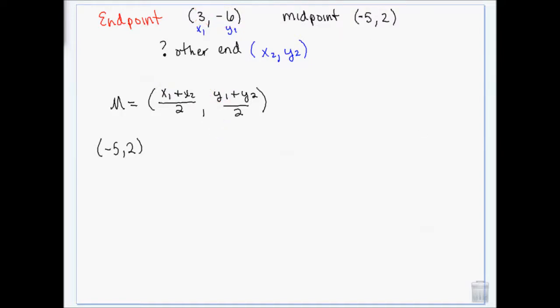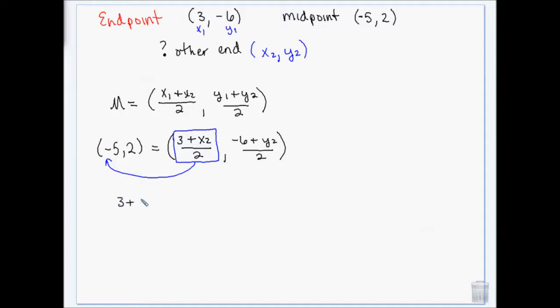Does that make sense? So I'm going to plug those in. 3 plus x2, negative 6 plus y2. So I'm plugging in the end I have. Well, what I'm going to do is this equals that.